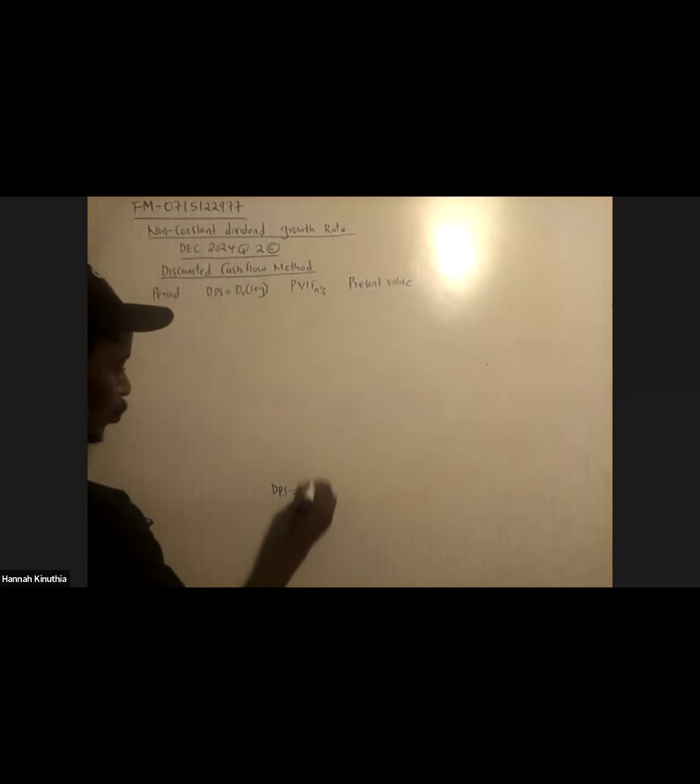Lama Limited currently pays a dividend of 2 per share on its ordinary shares. So we know that the DPS is 2 bob. The company expects to increase the dividends at an annual rate of 20% for the first 4 years. So let us start. We have year 1, year 2, year 3, up to year 4.